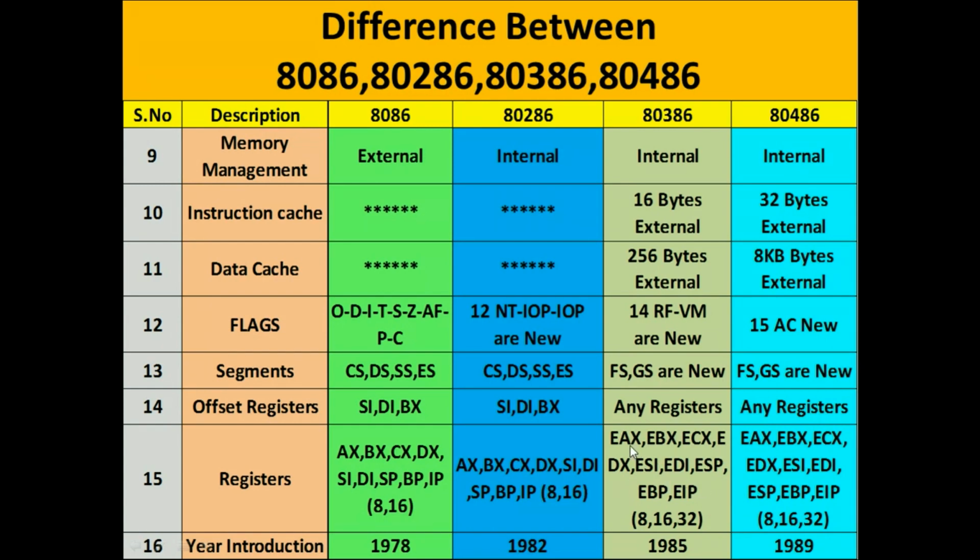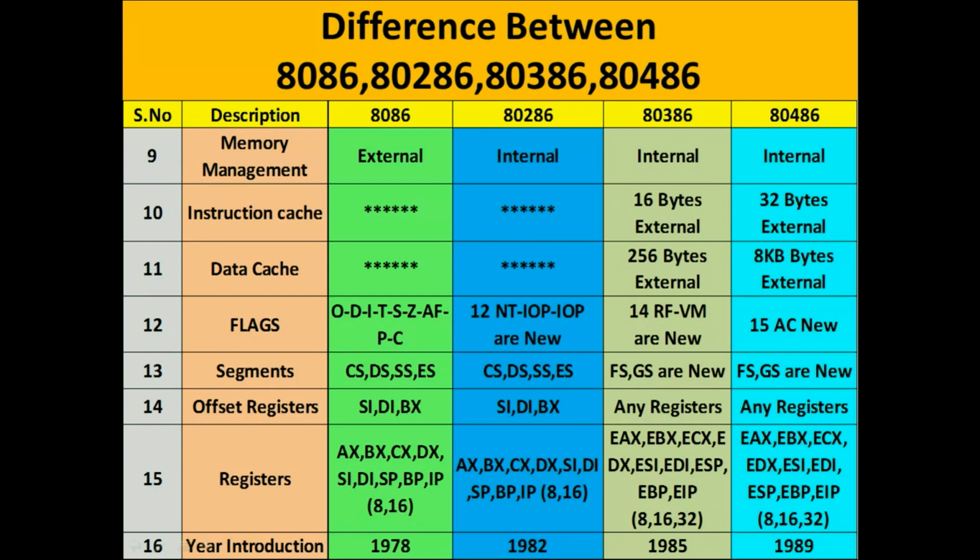Those are the extended registers, of size 32-bit. So we call them extended accumulator, extended base register, extended count register, extended data register, extended source index, extended destination index, extended stack pointer, extended base pointer, extended instruction pointer. Like this we can use the registers for the 386 and 486 microprocessors.